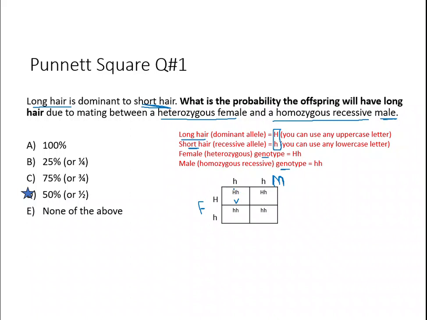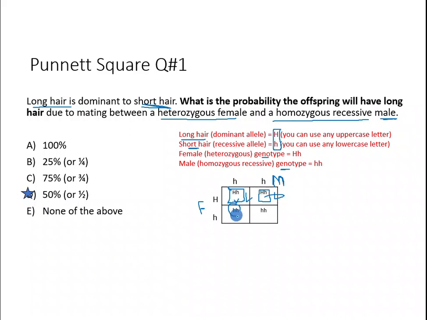Notice there is one copy of the dominant allele, so it will mask the presence of the recessive allele. So this individual will have long hair. How about this one? Same thing here, it's going to be long hair. So long hair and long hair.